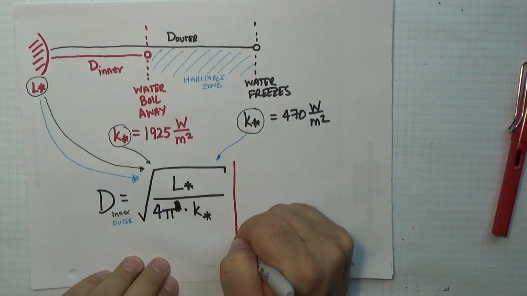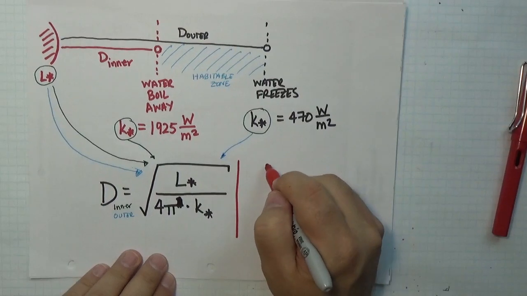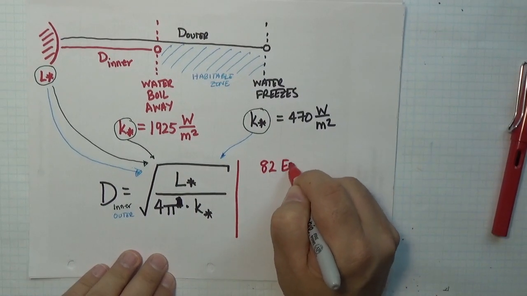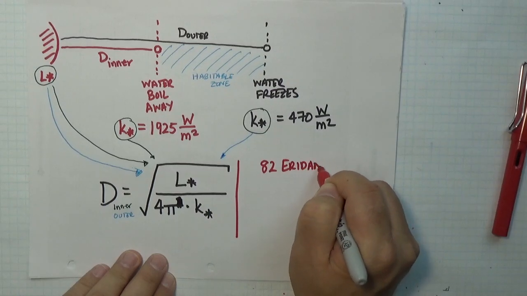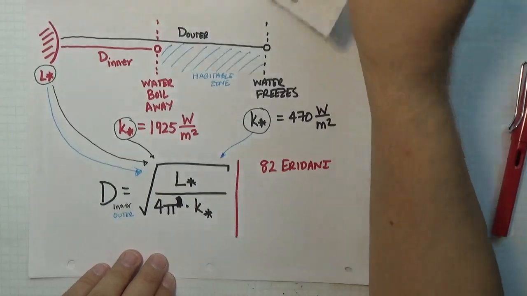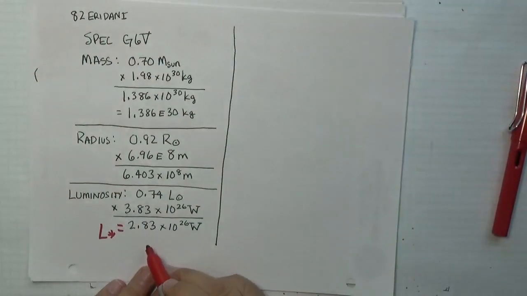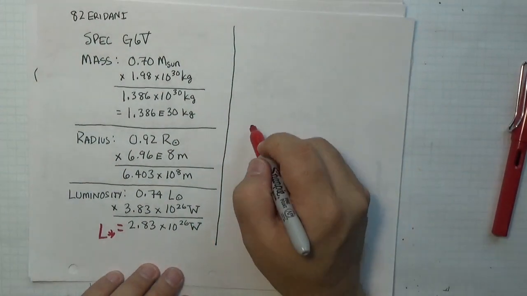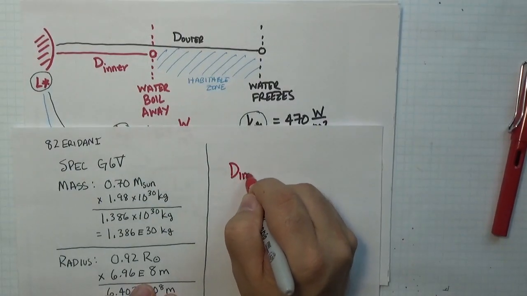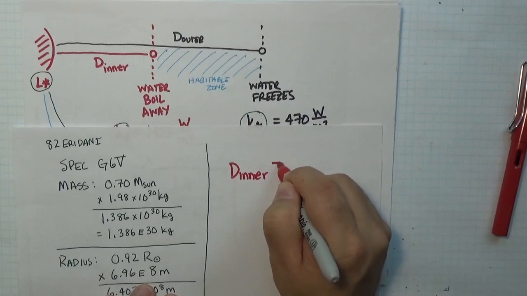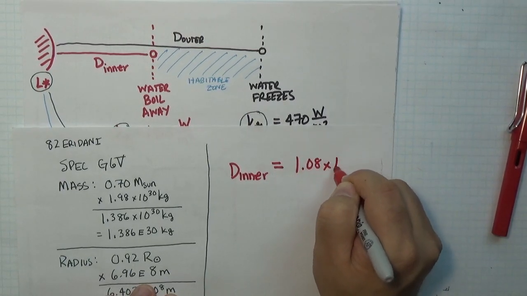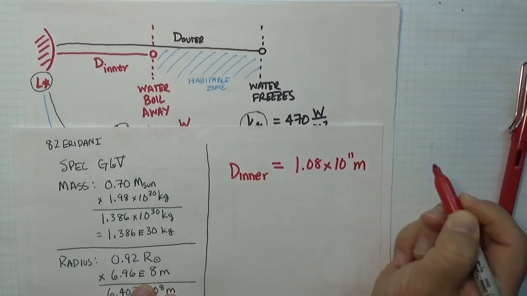But for my star, for 82 Eridani, I can use these values of K star, and I can use this value of L star, and I will get that d inner is equal to 1.08 times 10 to the 11 meters.